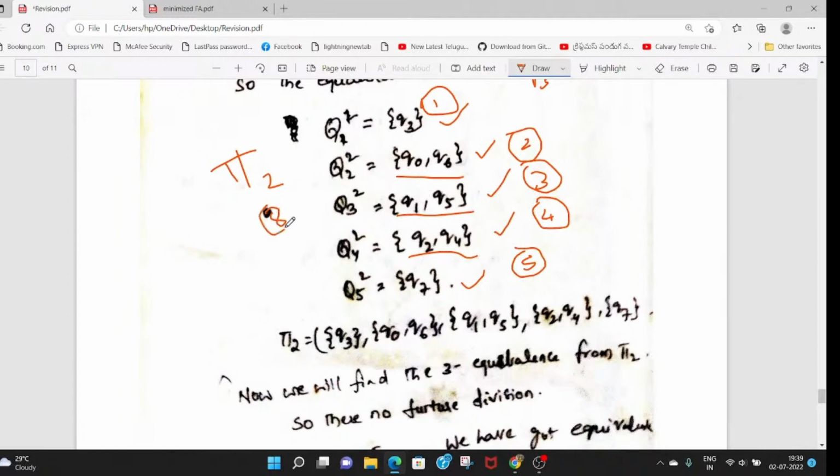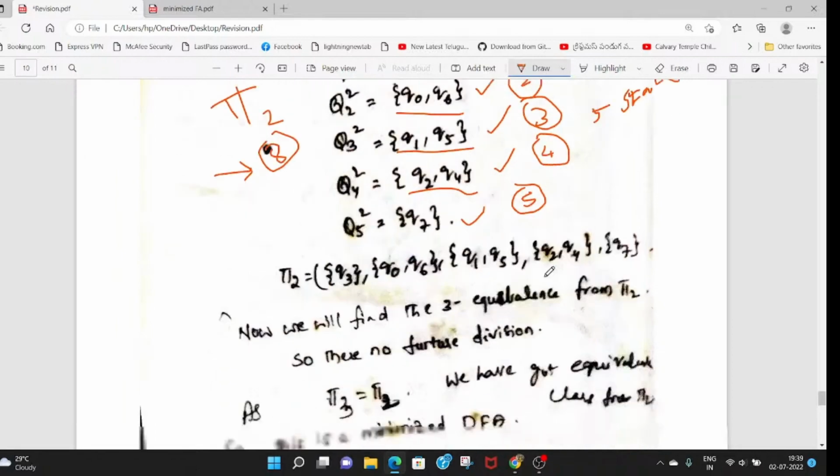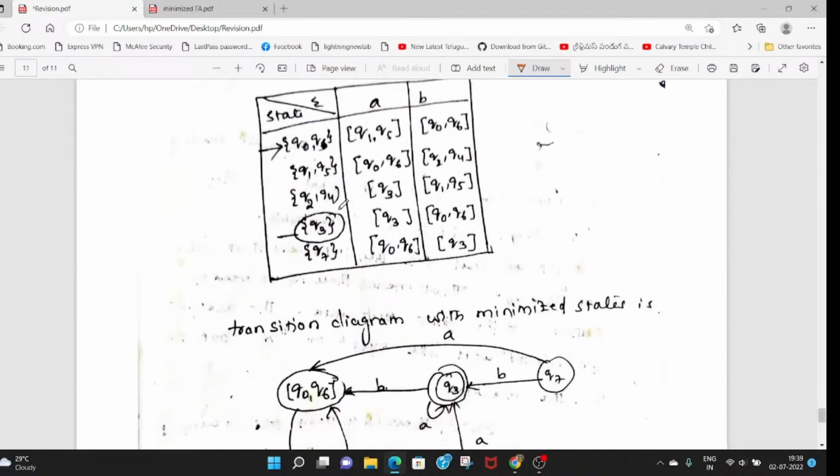For the given question, you have 8 states, and after reducing, you are getting only 5 states. Now this 5-state machine will be equivalent to your finite state machine. So now you can rewrite your transitions like Q0, Q6, Q1, Q5, Q2, Q4, Q3 and Q7.